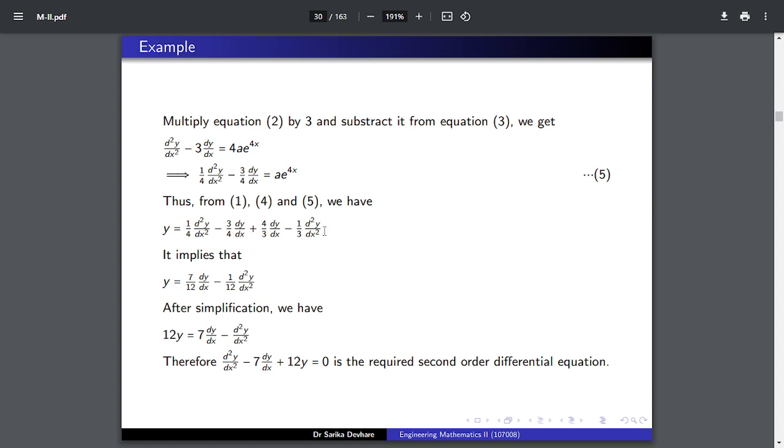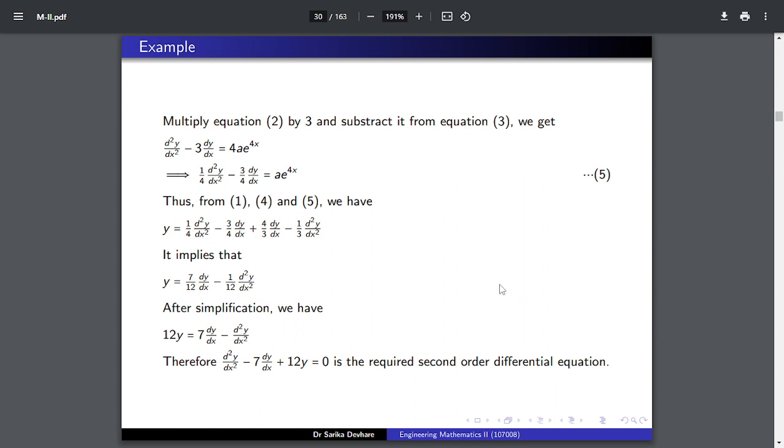After substitution and simplification, we get the differential equation d2y by dx square minus 7 dy by dx plus 12y equal to 0, which is the required second order differential equation.